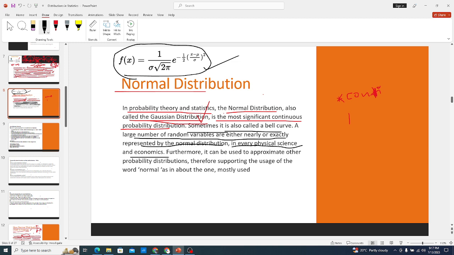Furthermore, it can be used to approximate other probability distributions, therefore supporting the usage of the word normal, as it is about the one mostly used.